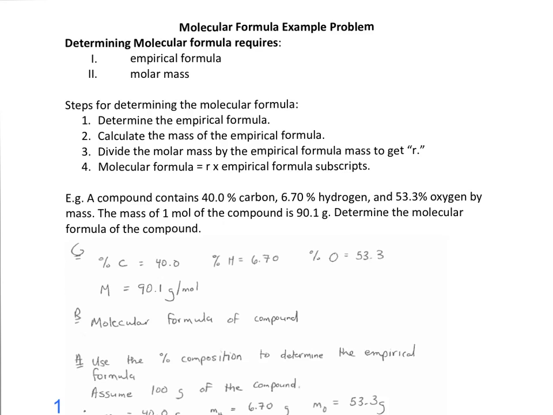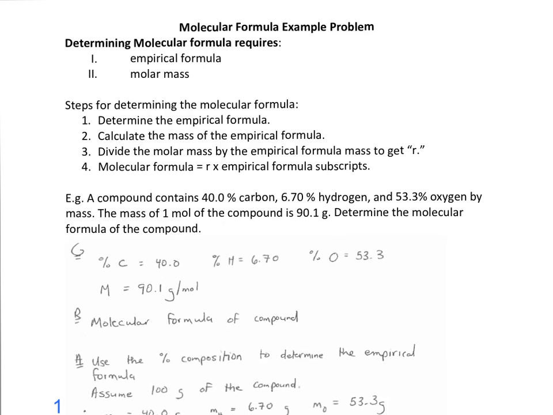What R represents is how many empirical formula units there are within a given molecular formula. Once we know what that value for R is, we can simply multiply it by the subscripts in the empirical formula to find out what the molecular formula is.